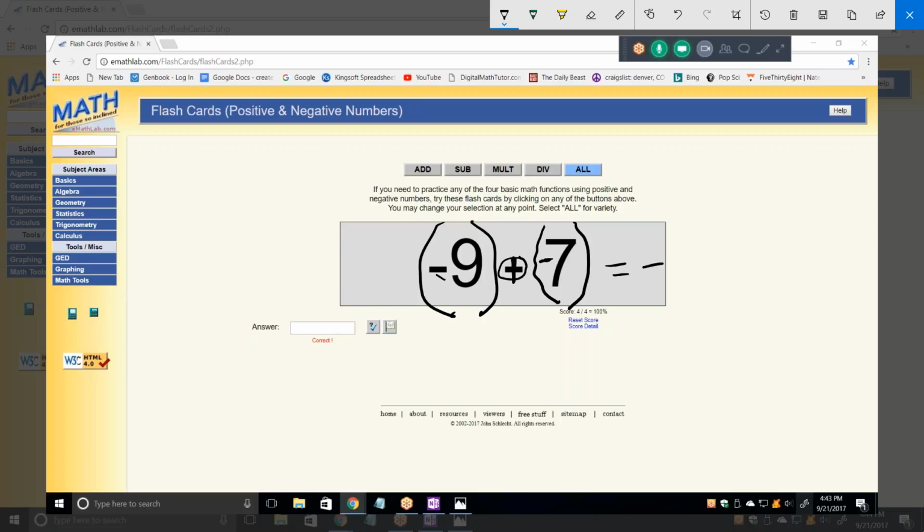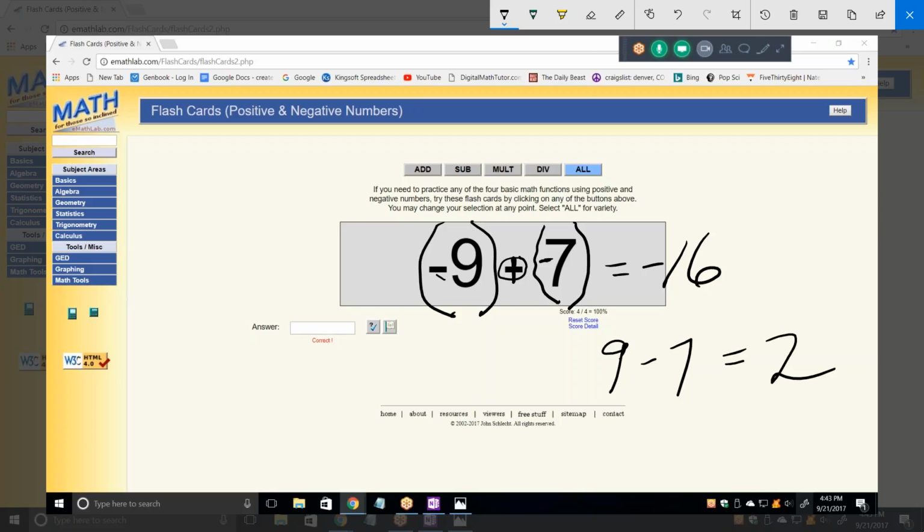What's that? Negative 16. Yeah. So if you do that, you don't have to necessarily do it for all subtraction problems. If I told you what's 9 minus 7, you don't have to change it to an addition problem. You know how to do subtraction problems, but all of a sudden if you throw in a lot of negative signs, it complicates it for people.